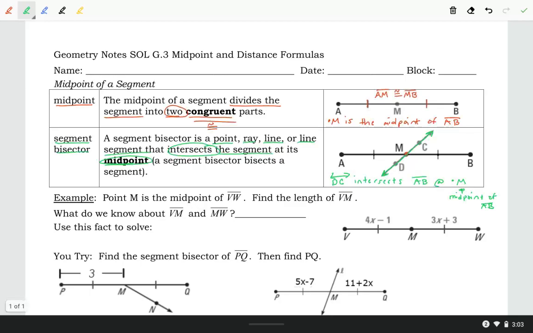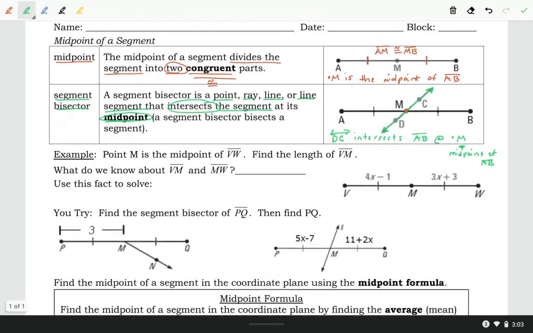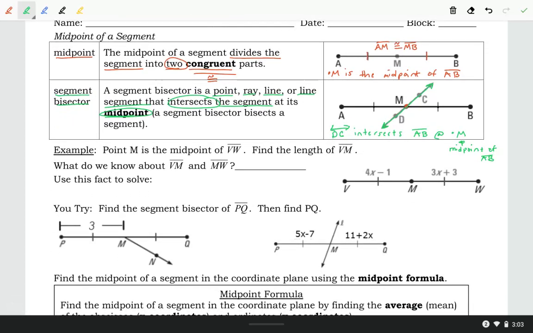So let's use the information that we just talked about to answer some questions. So we're told that point M is the midpoint of line segment VW, and we are told to find the length of VM. Careful that we just want VM here.